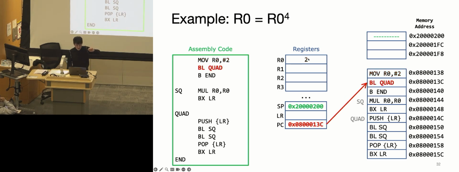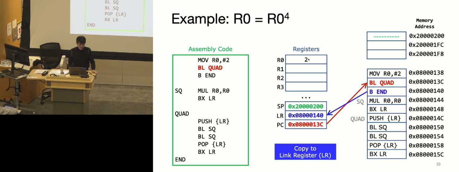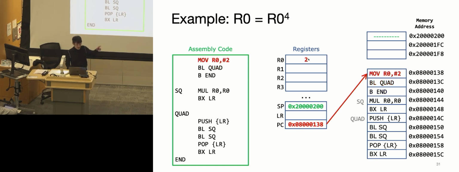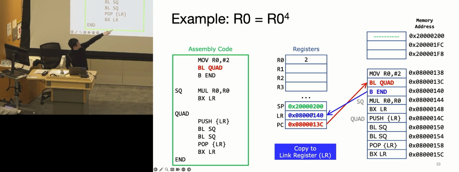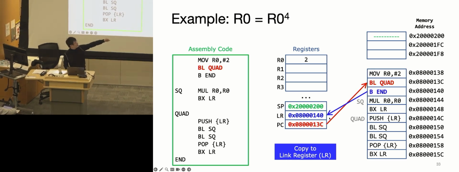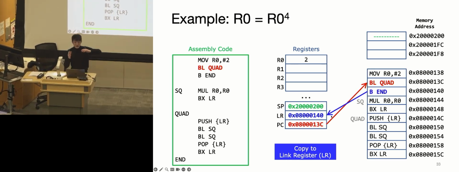And after that, we do a branch jump, and in this case we will put the current PC value plus 4 into the link register. So that's where it comes back.